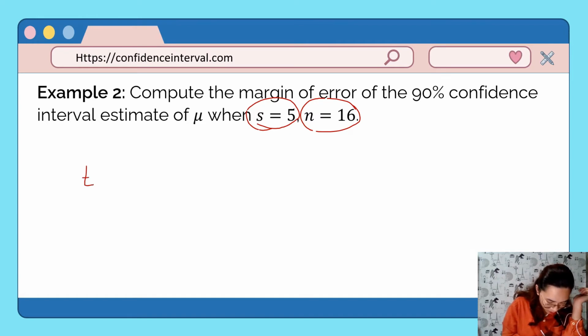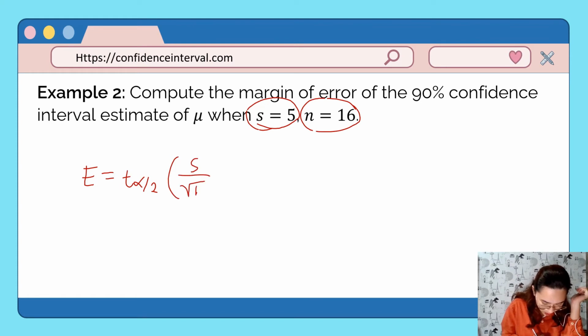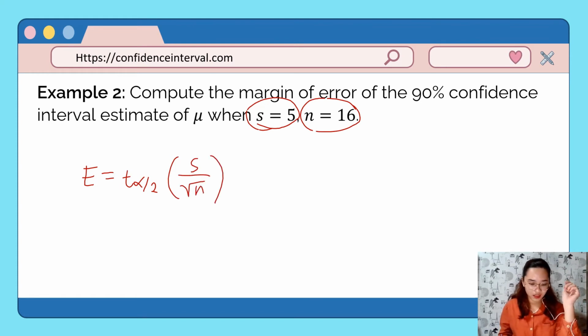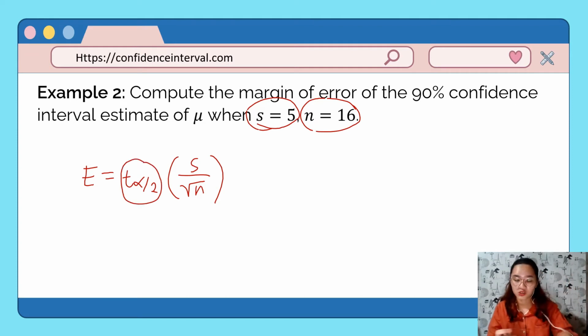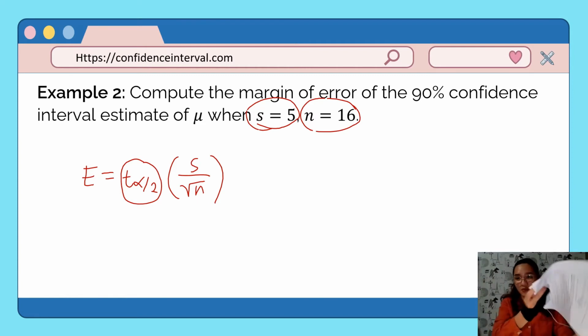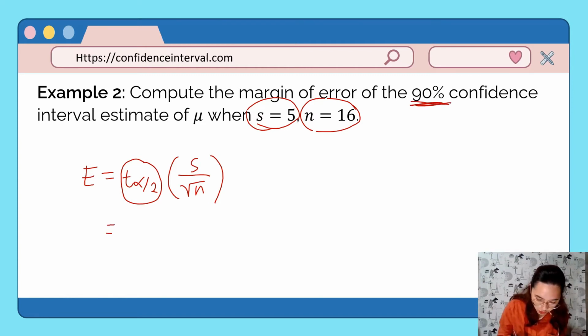So, yung formula po natin is T alpha over 2 times the sample standard deviation over the square root of n. Ayan. So, paano hahanapin ang T alpha over 2? So, syempre, gagamit po tayo ng T-table. Ayan. Yung T-table natin. Since 90% po siya, ang alpha po natin is 0.10. 10%.